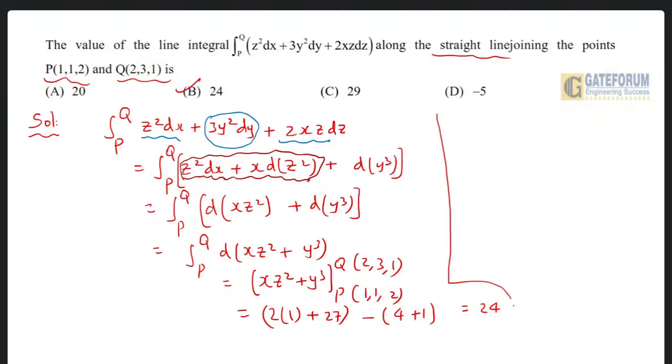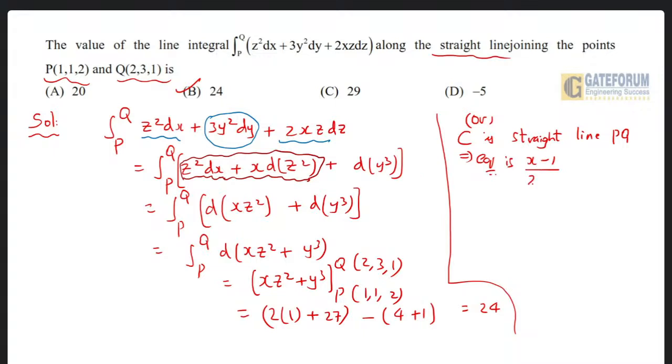Alternative method I am telling you; you can try later. C is a straight line. C means curve. PQ implies the equation is (x minus x1) by (x2 minus x1), with first point x1 y1 z1, second point x2 y2 z2.